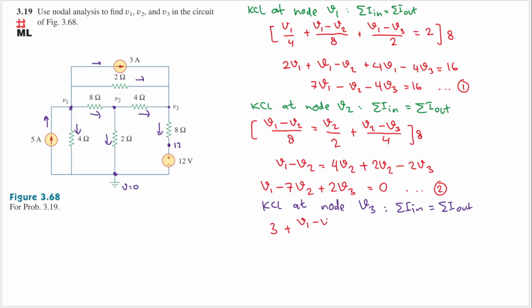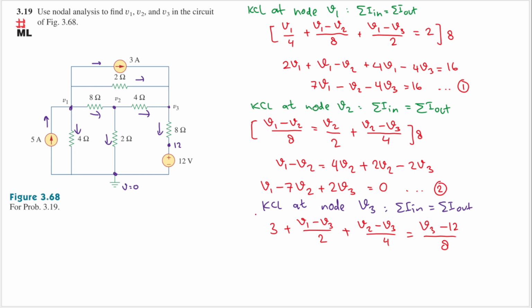And then plus this current here also goes in, and that current will be V2 minus V3 divided by 4. And that will equal to this current that goes out here, that will be V3 minus 12 divided by 8.